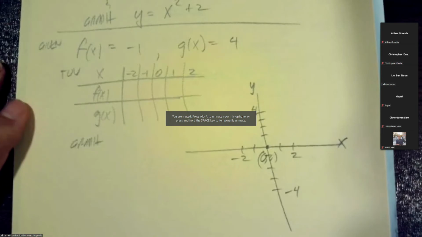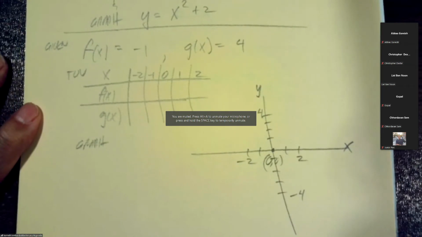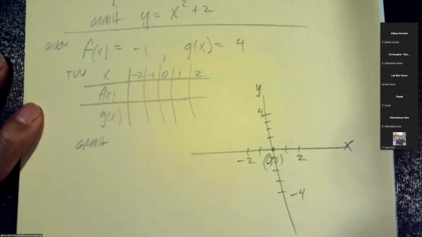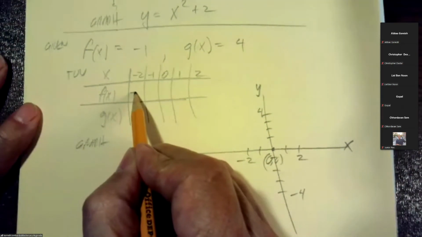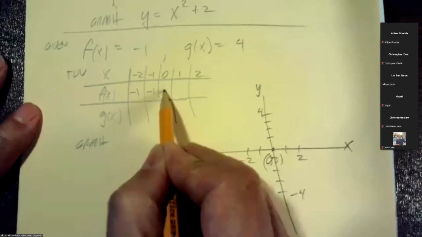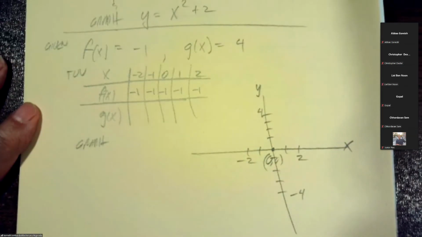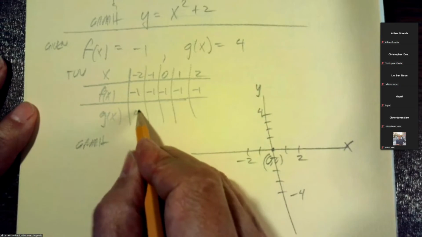Yeah, so for f of x, the y value is always going to be -1. And for g of x, the y value is always going to be 4.